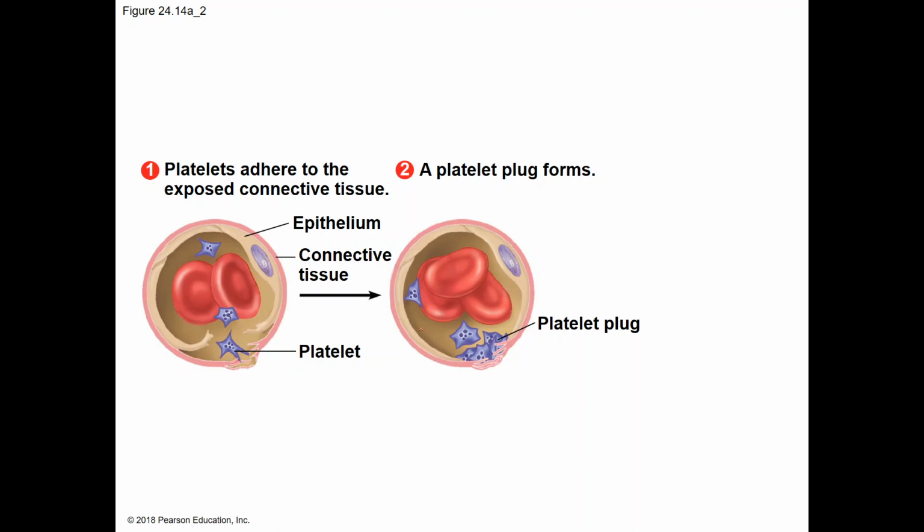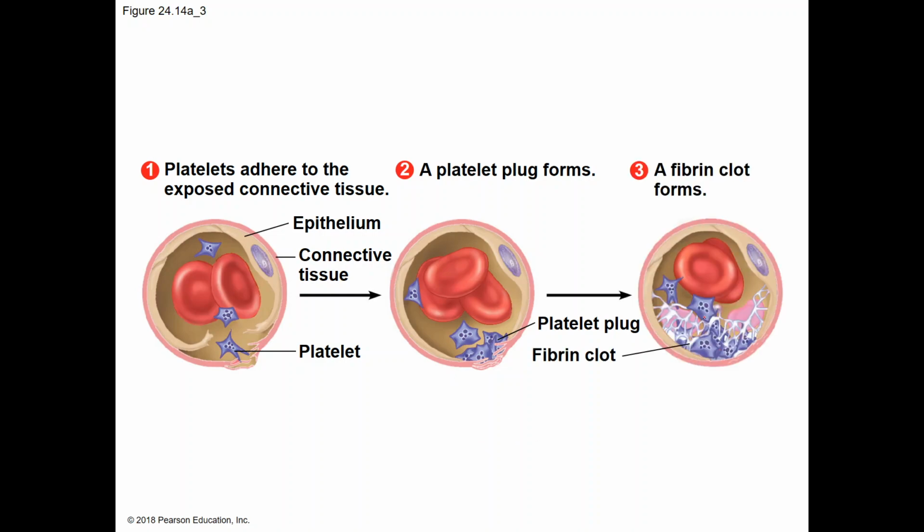The reaction is driven forward in order to create the blood clot and form that plug. And finally, these threads in here are what I referred to as fibrin. That fibrin helps to bind things in place and form the clot.